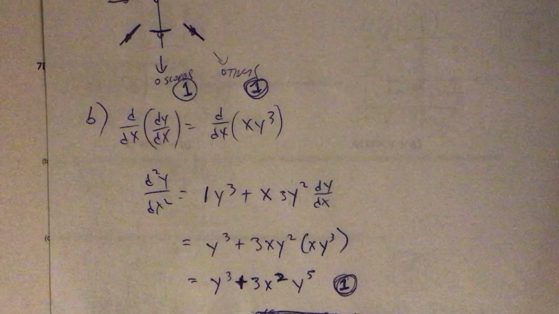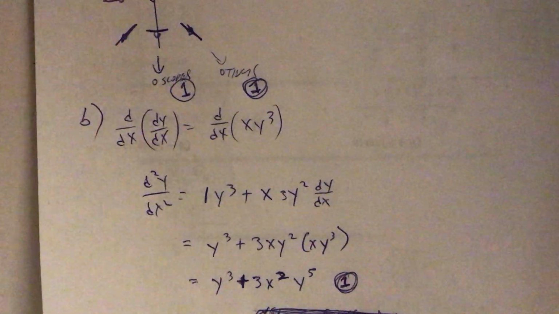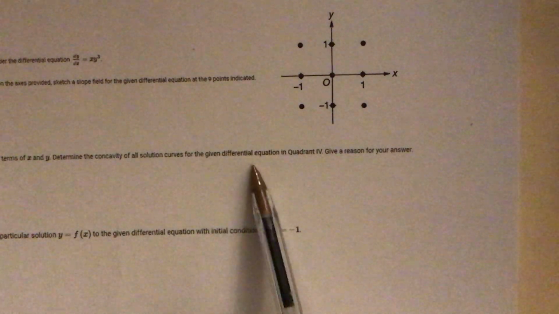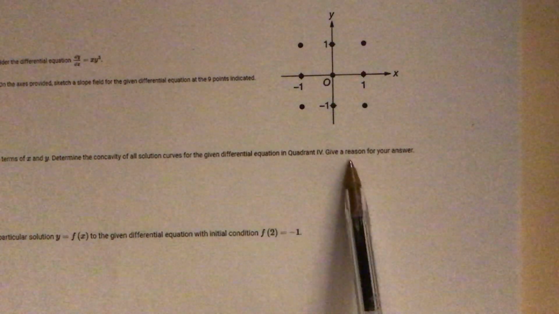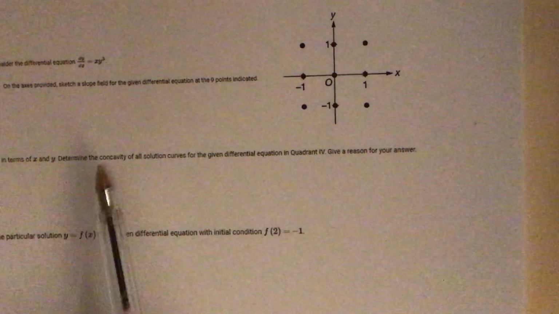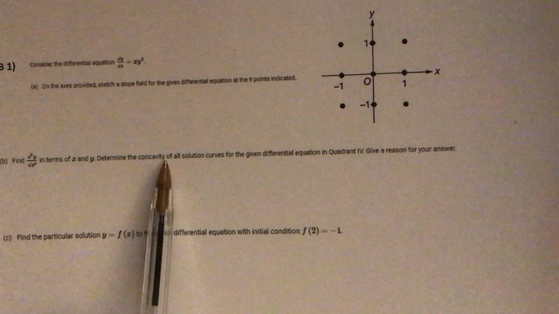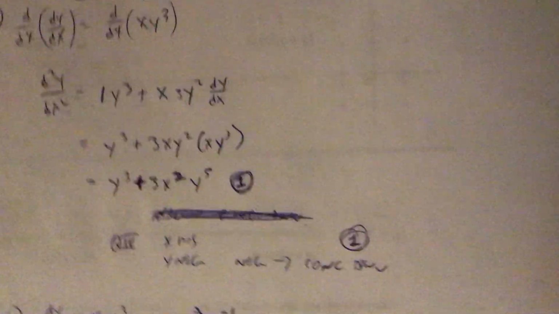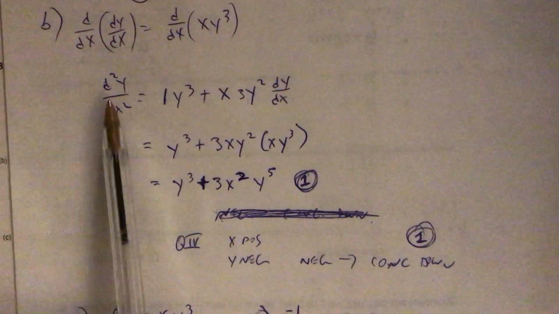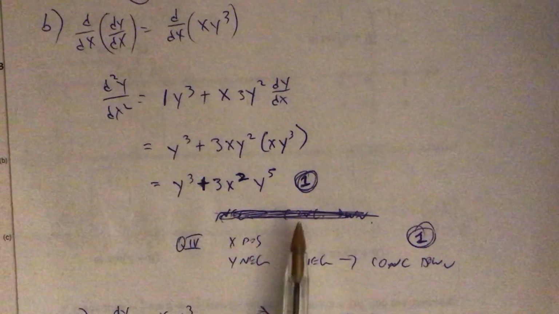So then they ask about, in the end part, give a reason for your answer. Basically, they want you to determine the concavity for the original function based on quadrant 4. So since the second derivative tells me about concavity.